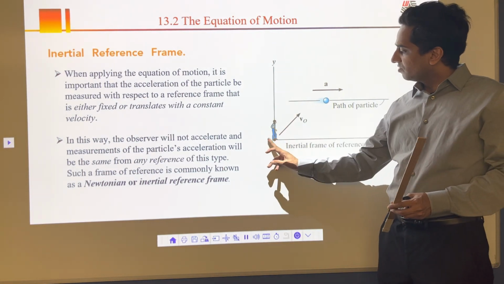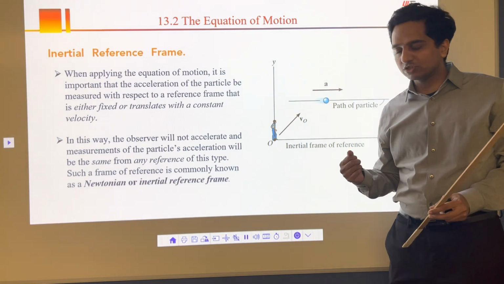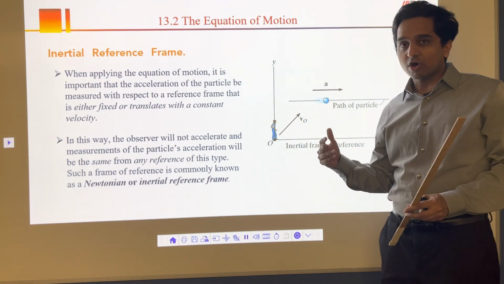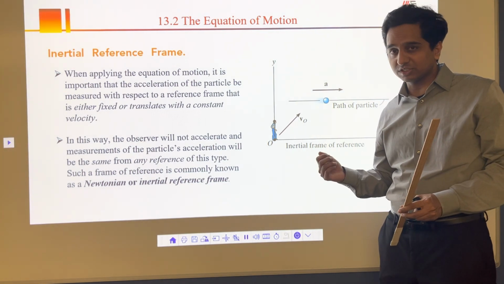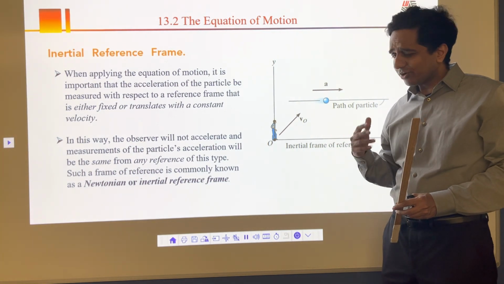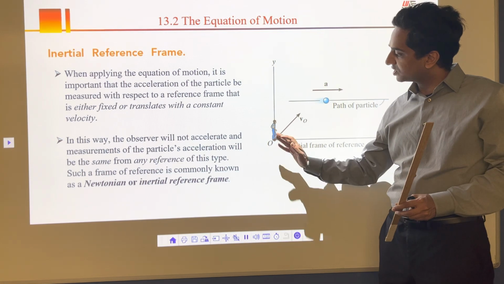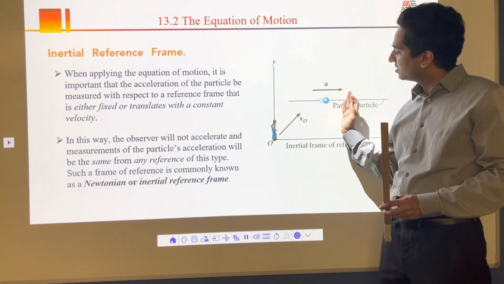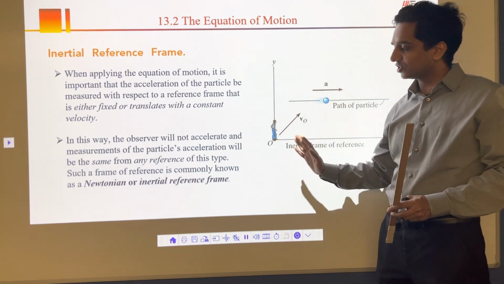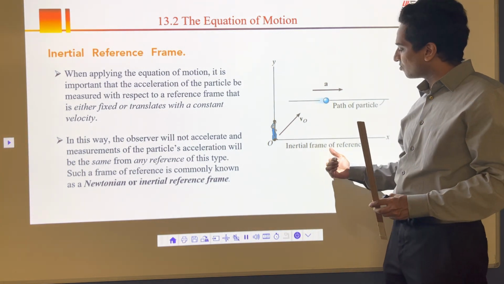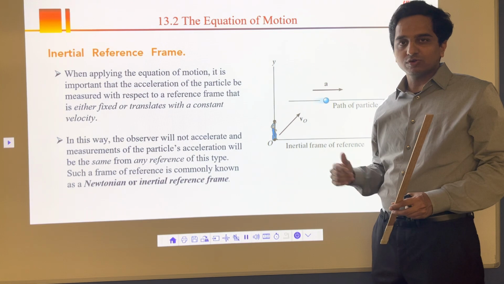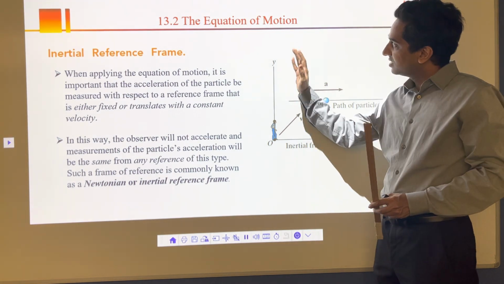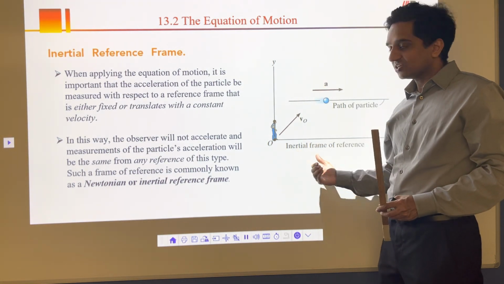For that, we use a rectangular or Cartesian coordinate system, or normal and tangential components, or cylindrical, that's the polar coordinate system, r and theta. We have to use some coordinate system where the observer or origin is fixed, and with respect to that origin we analyze motion. That's what we call the inertial frame of reference. So when we apply the equation of motion, as we are not moving close to the speed of light, we consider this inertial frame of reference.